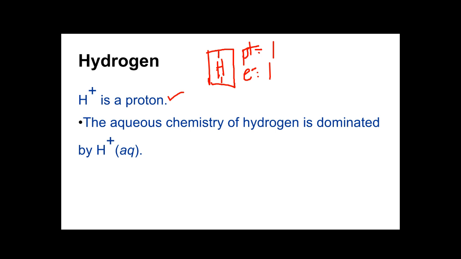But once it loses that electron, it's only a proton. If we subtract these two, hydrogen does not have any neutrons whatsoever, and so hydrogen is just a proton.